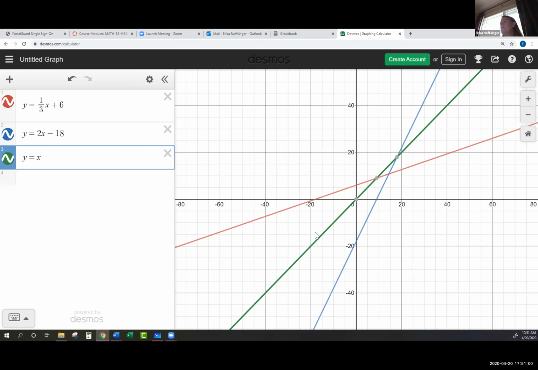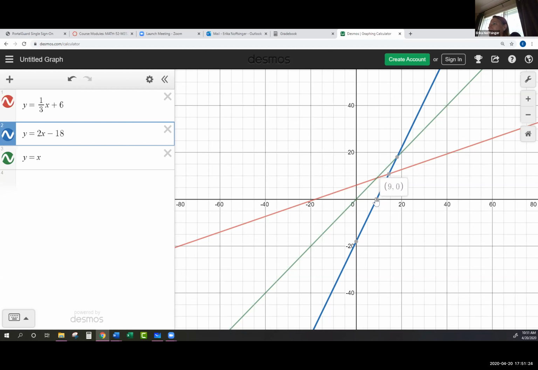So notice this green line. Let's look at an x value. It's just that green is so close.